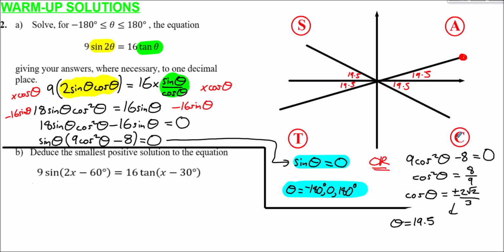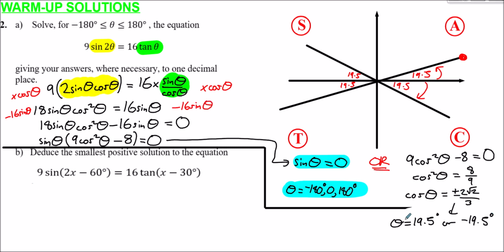So I can have theta being 19.5, this one, or because we can have positive 2√2/3, we can also have cosine being a positive thing down here, and we can have negatives in our range. So we could go to minus 19.5 as well. So from this one, theta is 19.5 degrees, or minus 19.5.